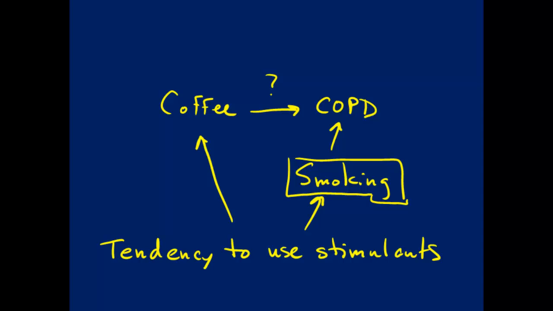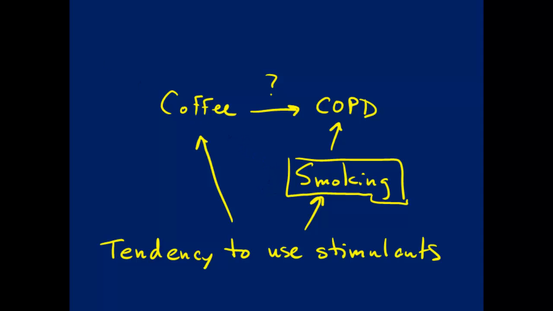It means that, for example, we are making the claim that among these variables, there is no causal effect of smoking on coffee. Smoking doesn't make you drink coffee. And likewise, we're making the claim that coffee does not make you smoke.